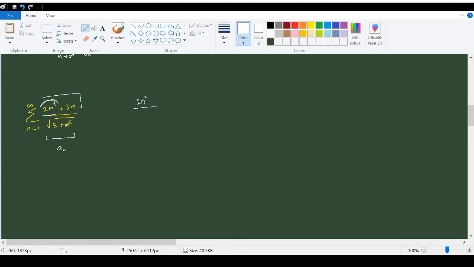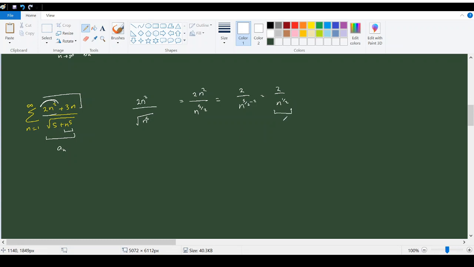And in the denominator, this will have a larger impact than this one, so changing this n will cause a larger effect for the whole result. So we will have that one only. That will give you 2 to the power n squared over 2 n to the power 5 over 2, which is equal to 2 to the power n to the 5 over 2 minus 2, and that is equal to 2 to the power n half.